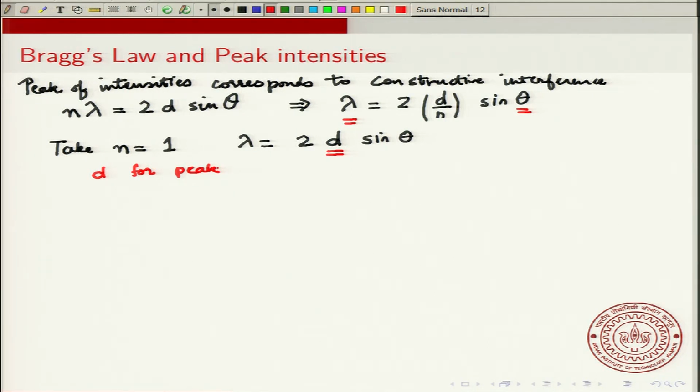Okay, and now what next? So now the d spacings.